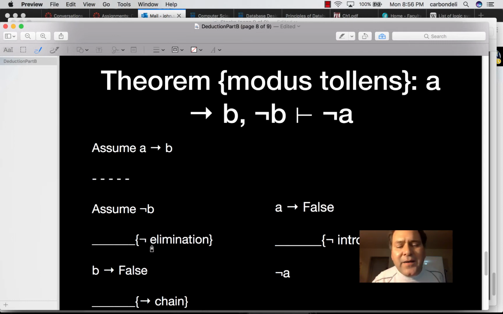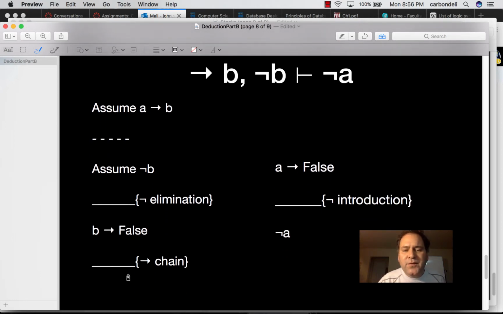And then by not elimination, we can show that B implies false. And then using the implication chain rule, we can show that A implies false. And then using not introduction, we can show that not A is true.